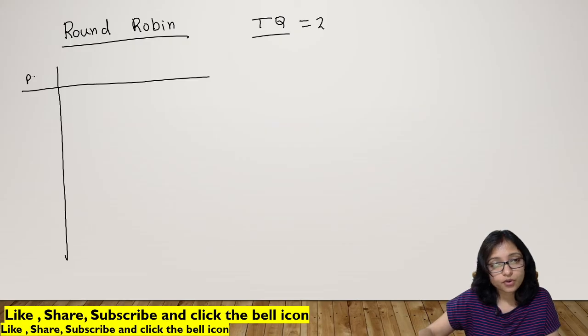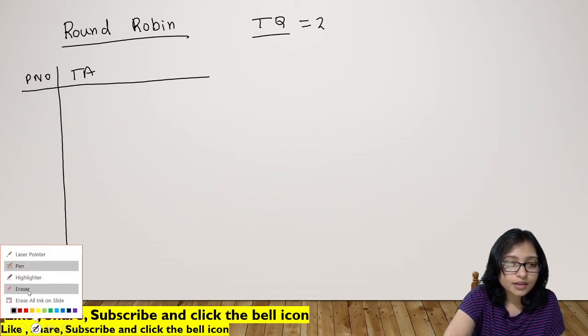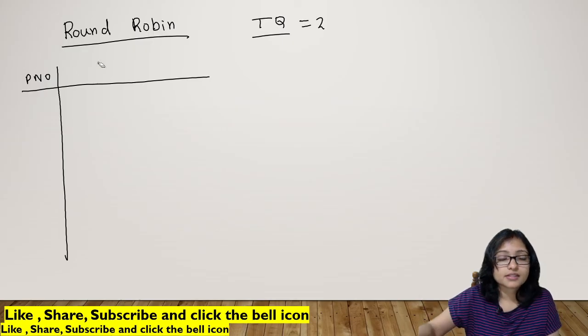That is process number, after that arrival time, then burst time. Sorry, a mistake when writing.